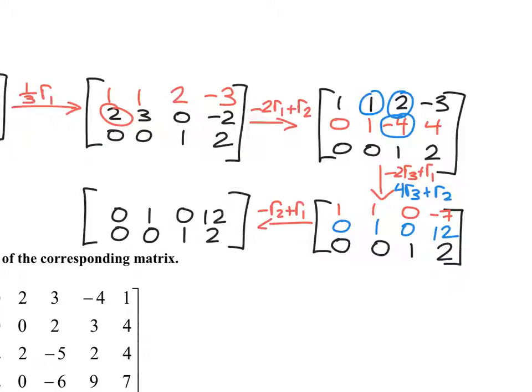And so we'll be looking at 1, oh, that's not red. 1, 0, 0, negative 19.